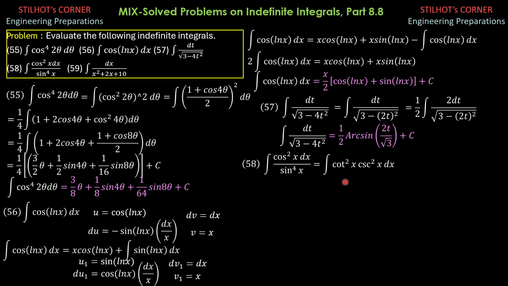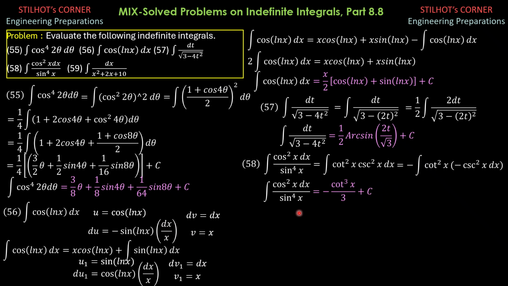If we put u be cotangent, the differential is negative cosecant squared x dx, which means we can evaluate this by the power formula. So we put the negative sign and write this as negative integral of cotangent squared x times negative cosecant squared x dx. Take note that this is now in the form u squared du. So the integral is negative cotangent cubed x over 3 plus c.